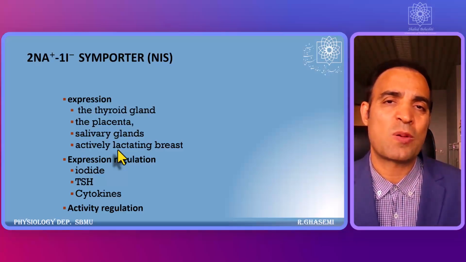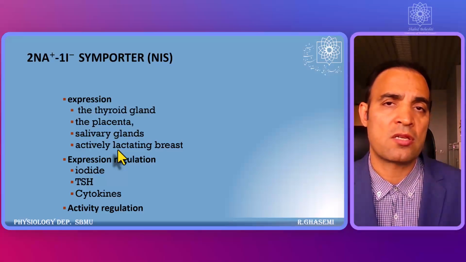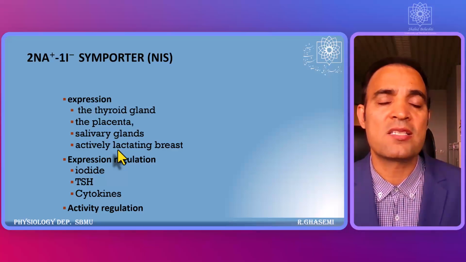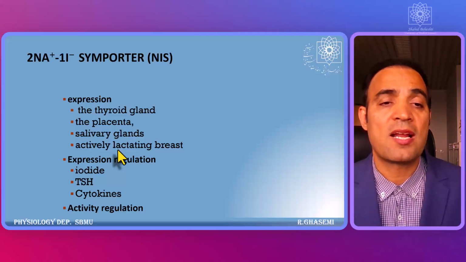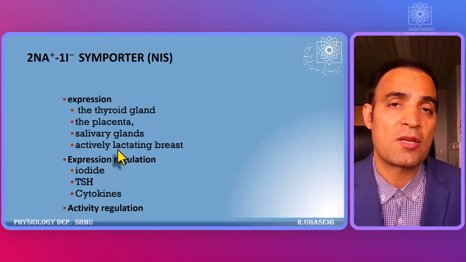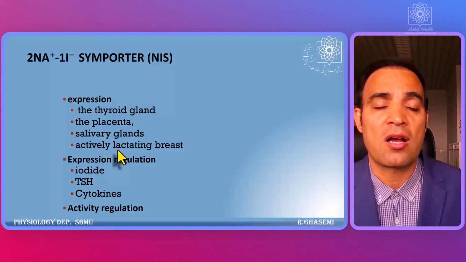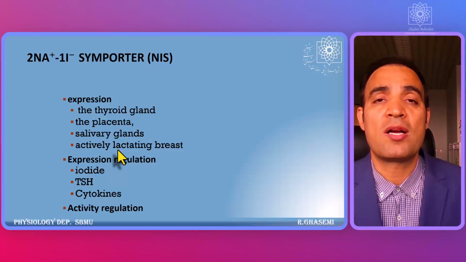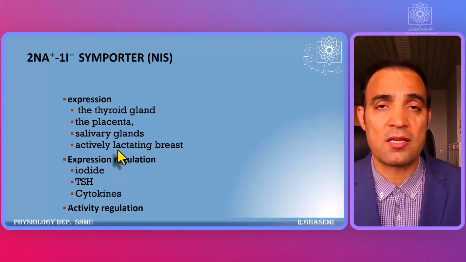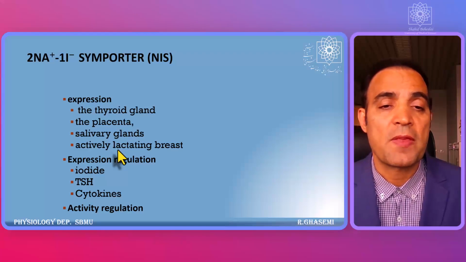It is responsible for uptaking iodide for embryonic development and for delivering this iodide to the fetus. On the other hand, the salivary gland and lactating breast also express the sodium iodide symporter, and therefore provide iodide for the infant that is breastfeeding.